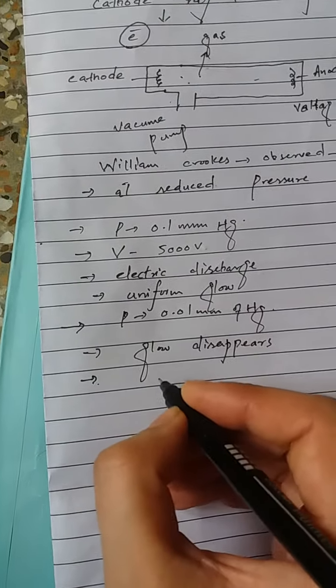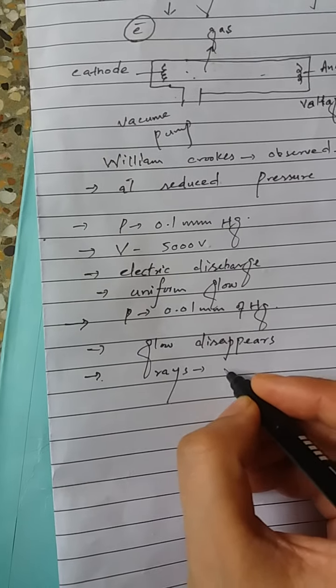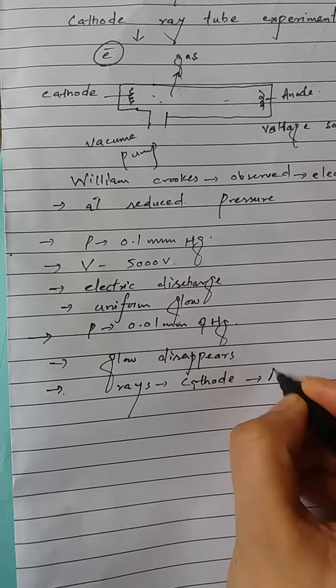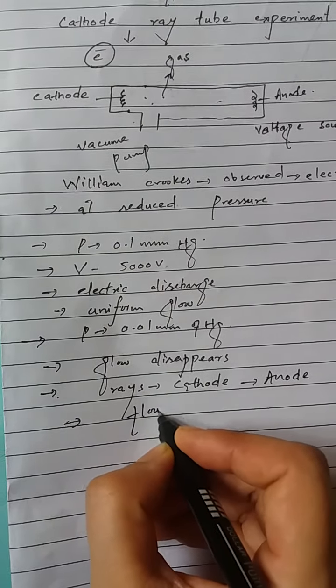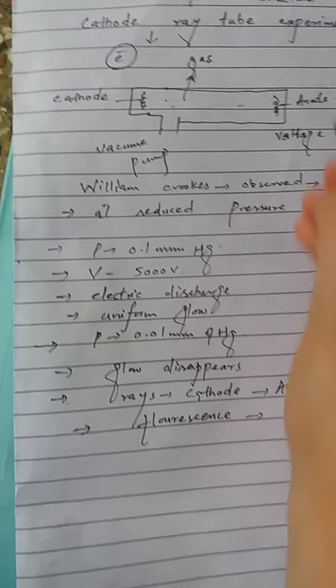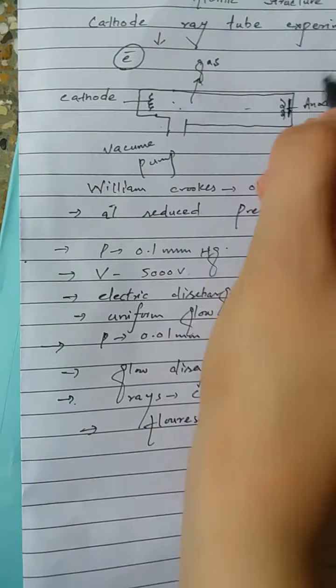and rays are produced which move from cathode towards the anode and produce fluorescence on the fluorescent screen which is placed opposite wall of the cathode.